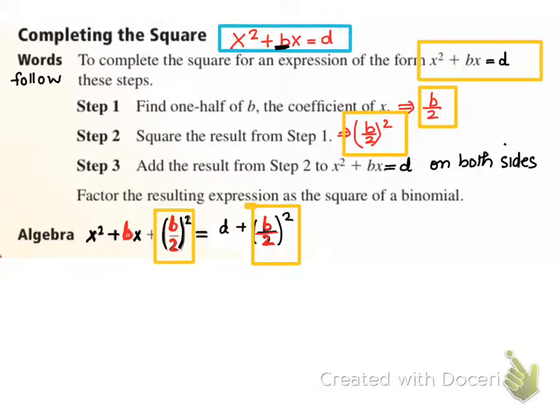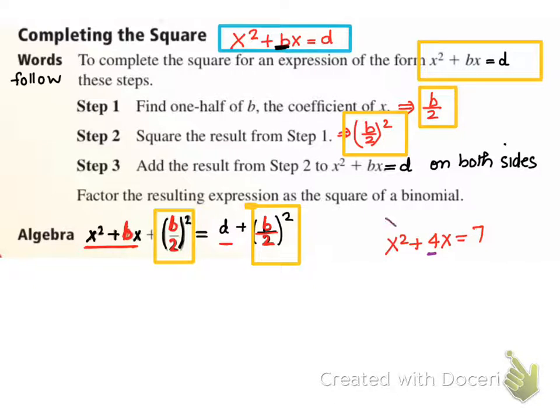So you see that our original equation is basically x square plus bx equal to d. Basically we have to find b over 2, and then b I can figure out here. Suppose, just showing you, if I have the equation x square plus 4x equal to 7, what I have to do is look for the b.